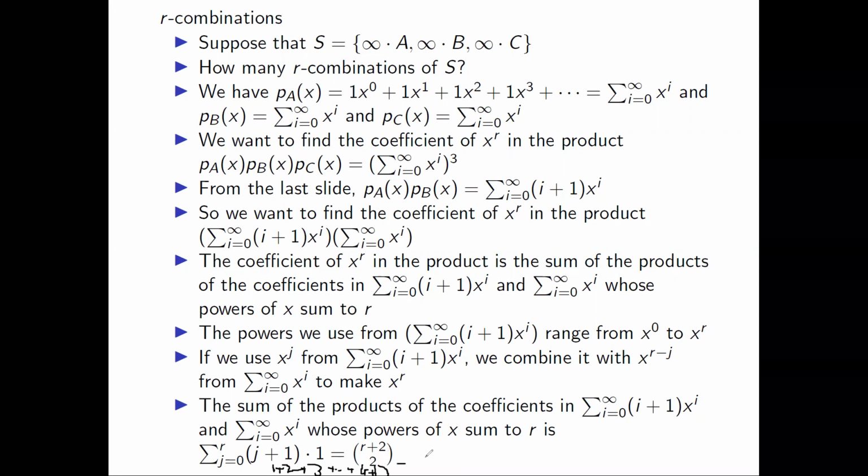And that gives us r plus 1 times r plus 2 over 2. And again, that's r plus 2 choose 2. So that's how we got r plus 2 choose 2. And again, I'll mention the pattern we saw. On this one, we saw an r plus 2 choose 2 for the number of r combinations of this multiset. And here we had 3 distinct letters in our multiset. On the last slide, we had 2 distinct letters, and we saw r plus 1 choose 1. So let's see if the pattern continues on the next slide.